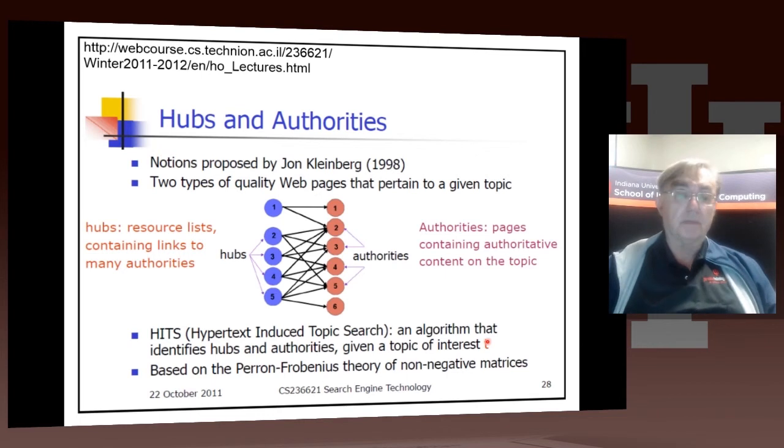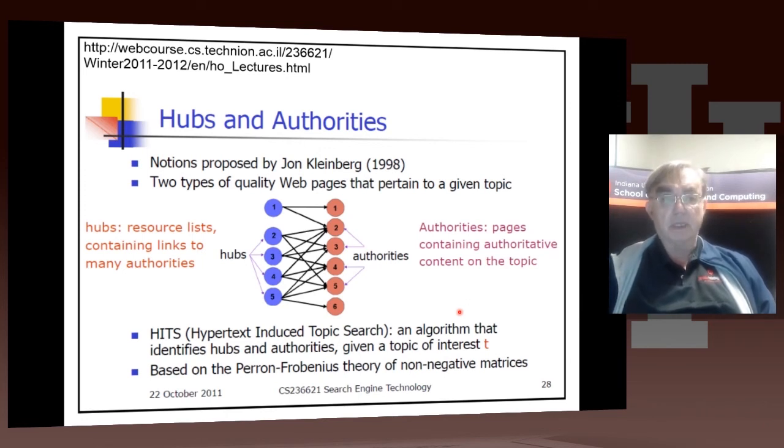That's often what you want, but one way of getting such authoritative information is to go to a hub, which is a list of multiple links, each of which is relevant to a particular topic. And so HITS was an early technology which took a topic and found you hubs and authorities. So that's an example of data analytics, and modern search engines have such data analytics. And we won't discuss HITS, but we'll touch on related ideas later on in this unit.